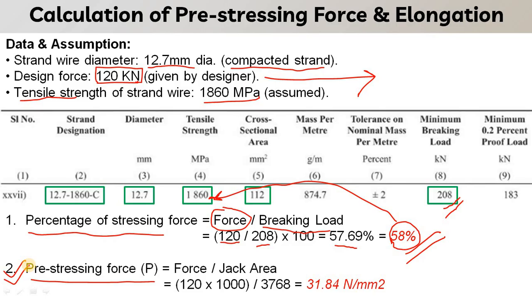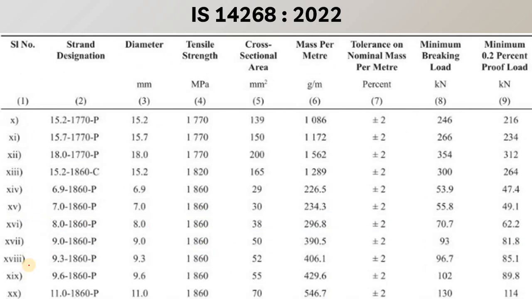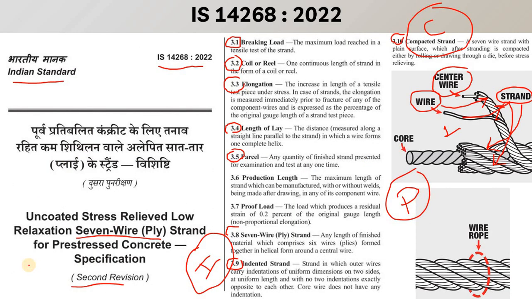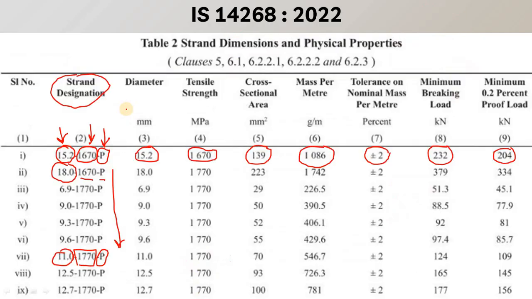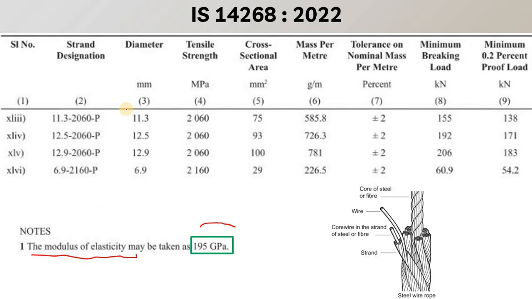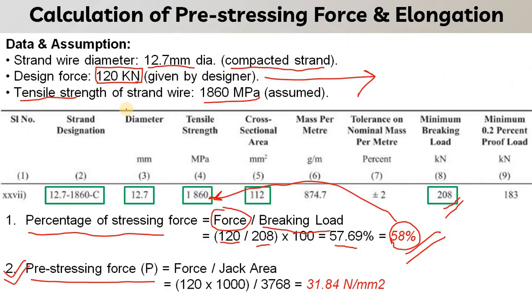In our first slide we have seen that we use the jack, which is the pre-stressing gun used to pull the strand wire. So this area matters. This area is very important while calculating the pre-stressing force. So here what we have done is, pre-stressing force P is equal to force upon jack area.